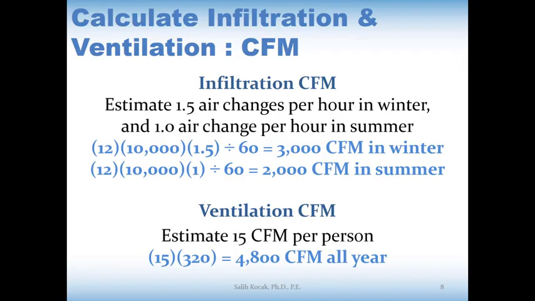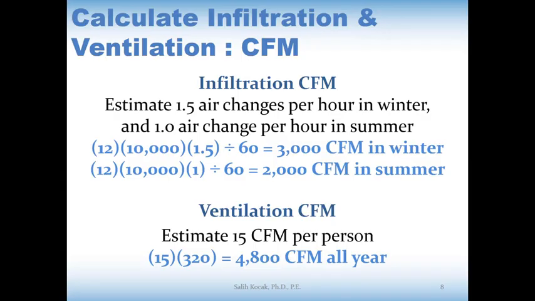That's why the most important thing here is to take the largest of these values and use it as the infiltration and ventilation value. What it means: during the winter time, infiltration CFM is 3000 and ventilation is 4800 CFM.